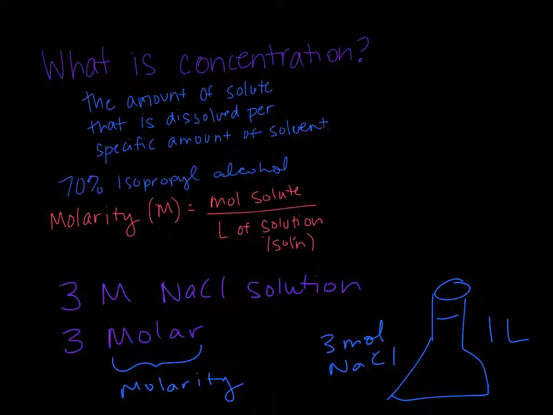So that's what molarity is. Okay? Now, we're going to do some examples so that you can be successful on these. It's not very hard to do. You should catch on pretty quickly.